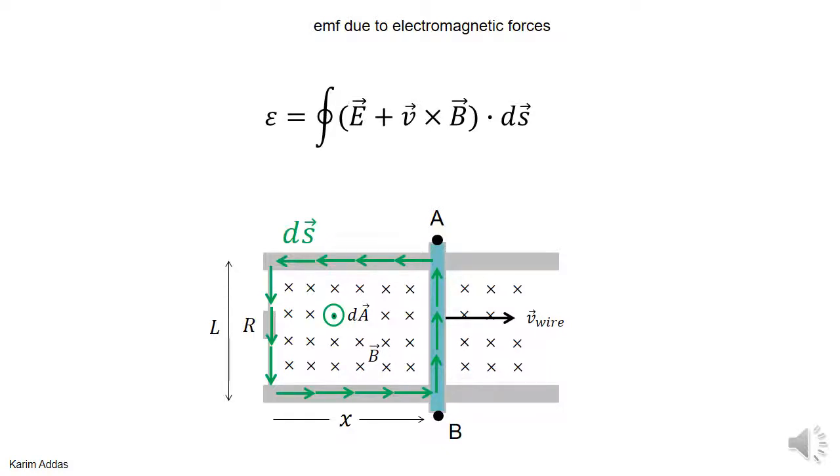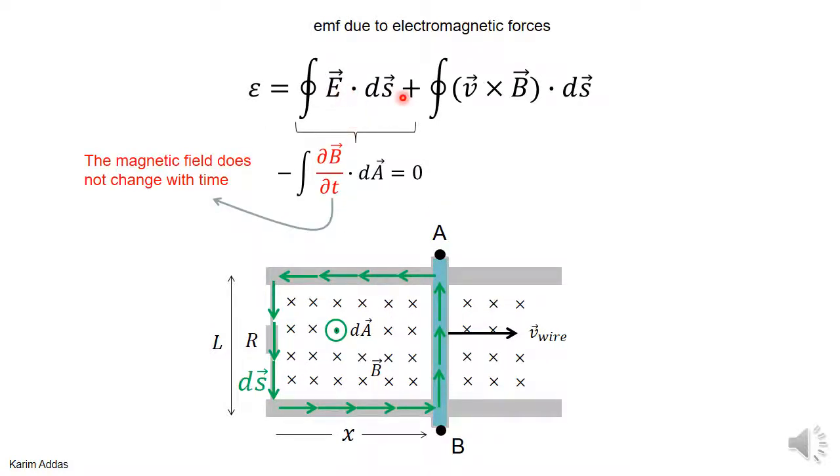We can cut this up into two terms: one with the electric field and one with the V cross B term. Now, the integral of E dot ds around a closed loop is given by the Faraday-Maxwell equation. It was the integral of partial B by partial t dot dA.